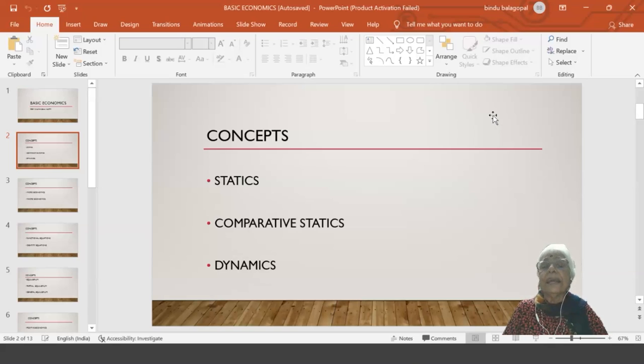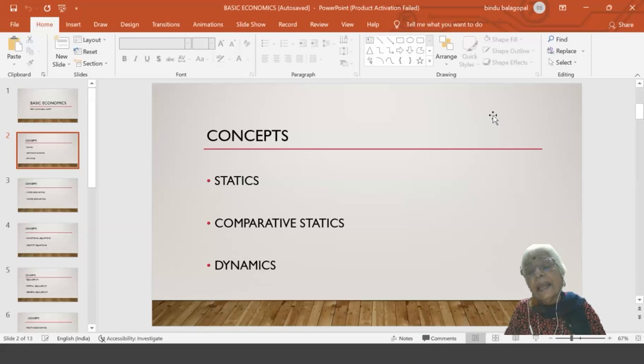It is all static analysis. Ordinary equilibrium analysis, which is used in microeconomics a lot, is static analysis. Does not mean stationary, but moving, coming back, that kind of analysis, very often statics.